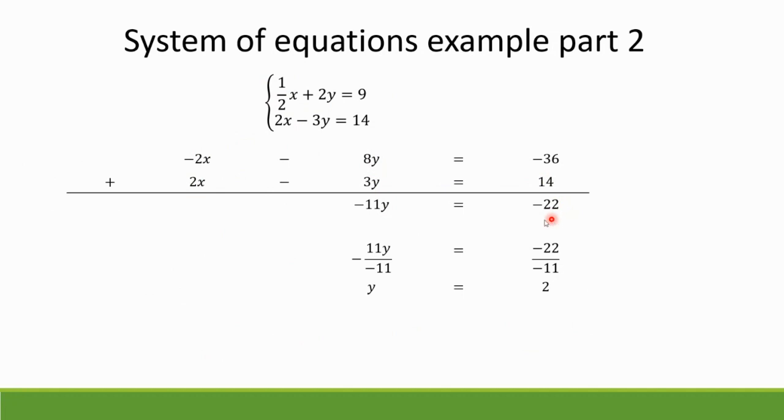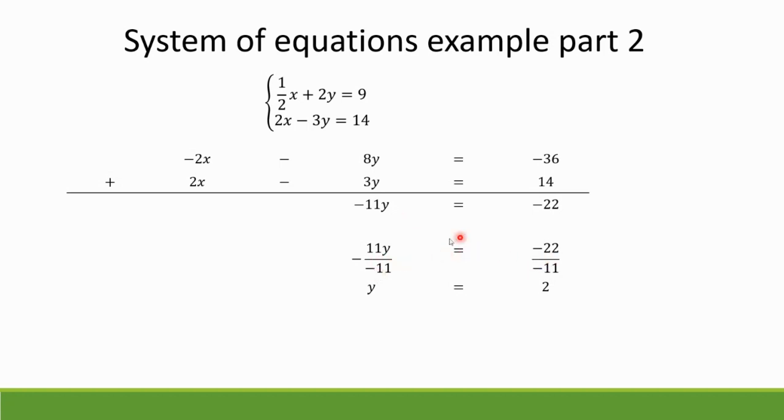Okay, so from here, what do we get? We have -11y equals -22. Again, we want to get y all alone. So we divide both sides by -11.